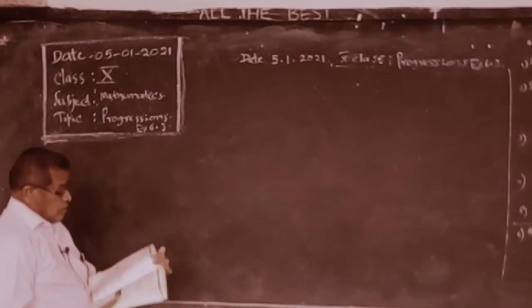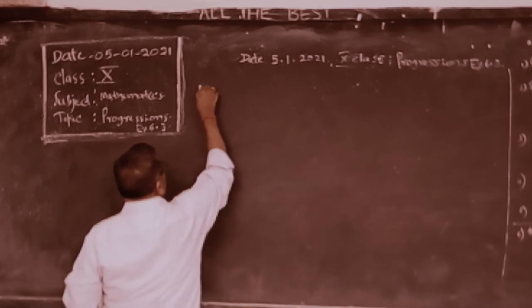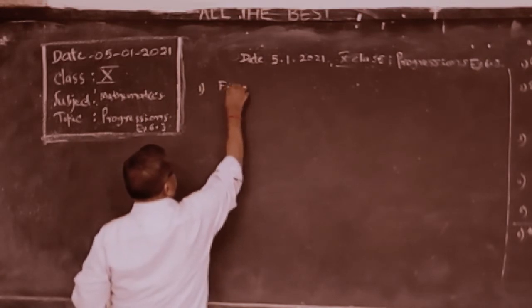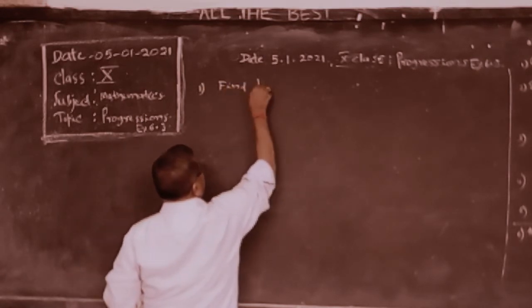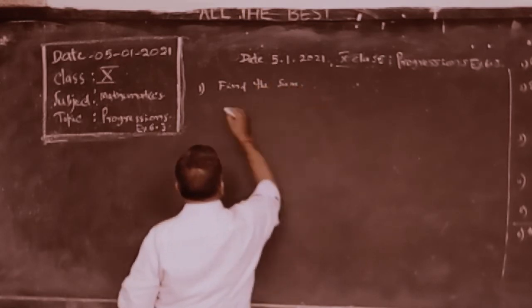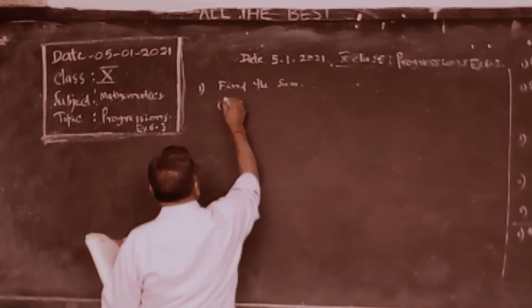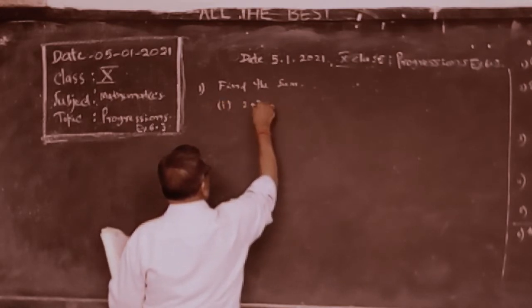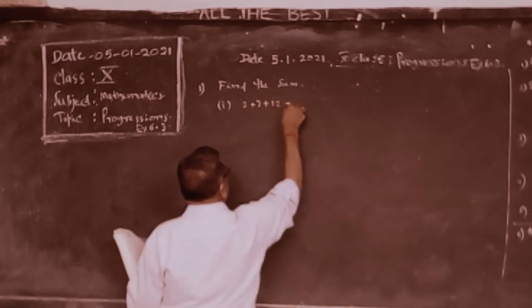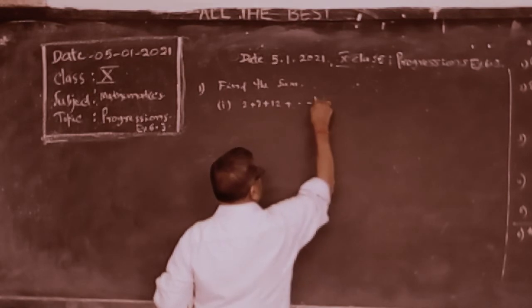Now let us find the sum of the following. Find the sum: 2 plus 7 plus 12 plus up to 10 terms, sum to 10 terms.